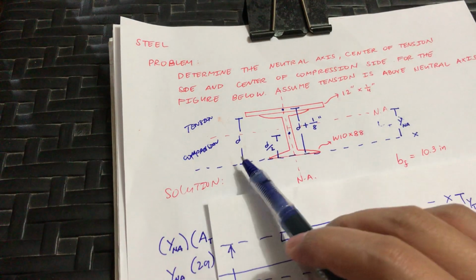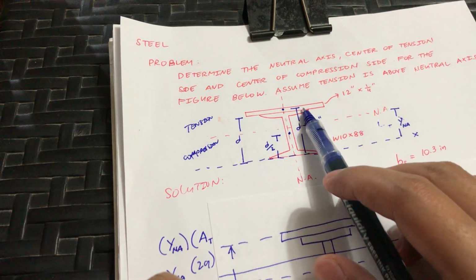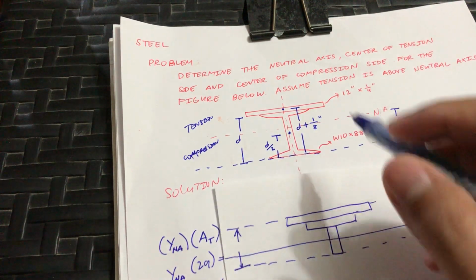That one is actually D plus the thickness of the plate minus YNA.